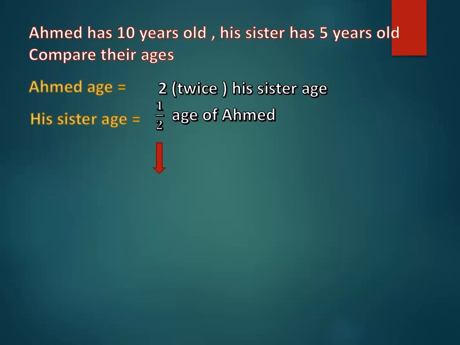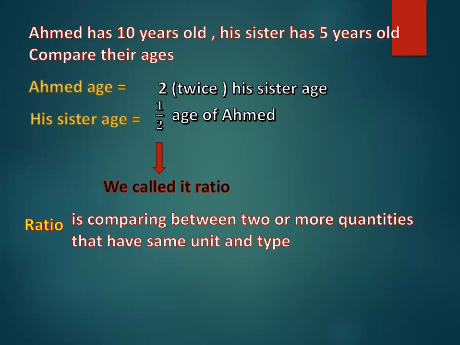Half or twice, we call this ratio. So ratio is comparing between two or more quantities, but under the condition that they have the same unit and the same type.